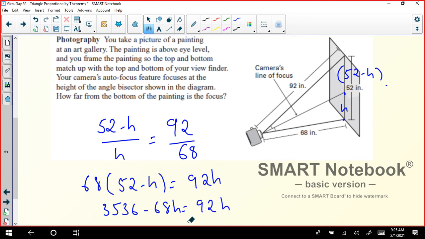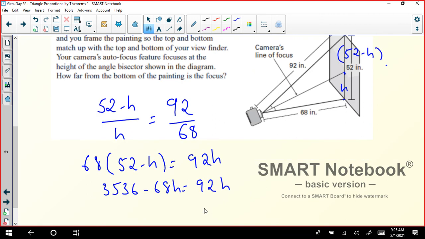Then add 68h on both sides to get 160h equals 3536. Dividing by 160 on both sides, I get h as 22.1.